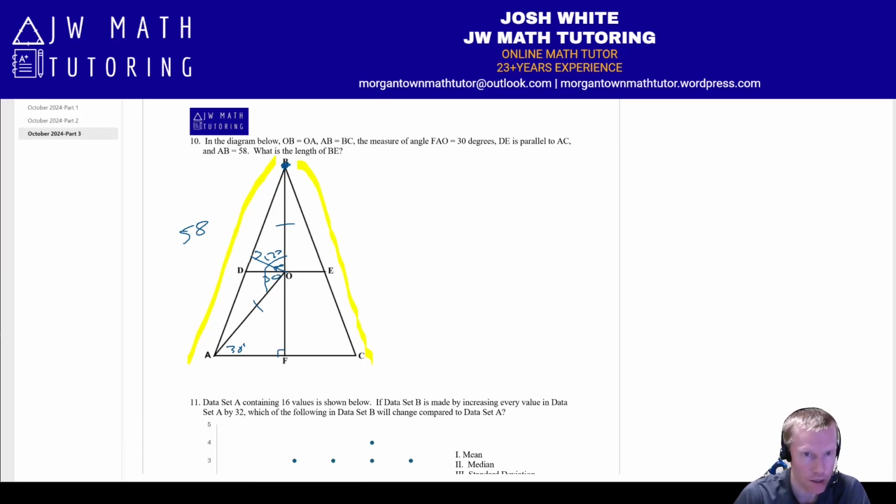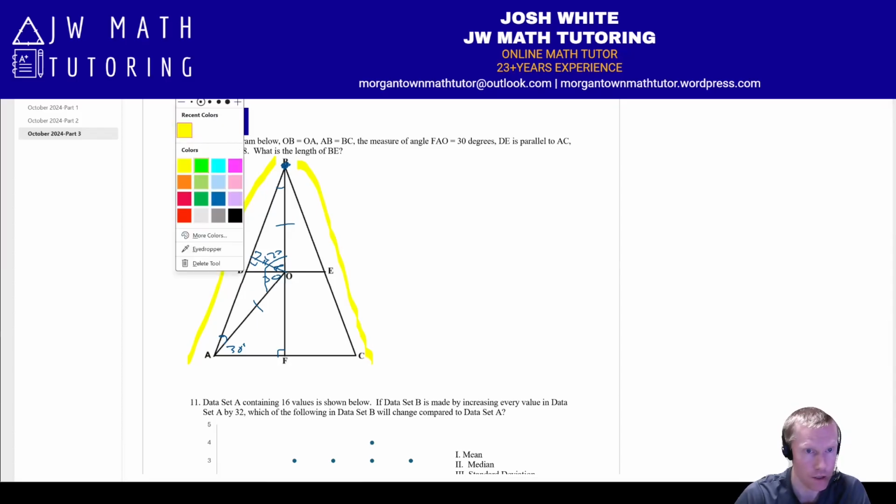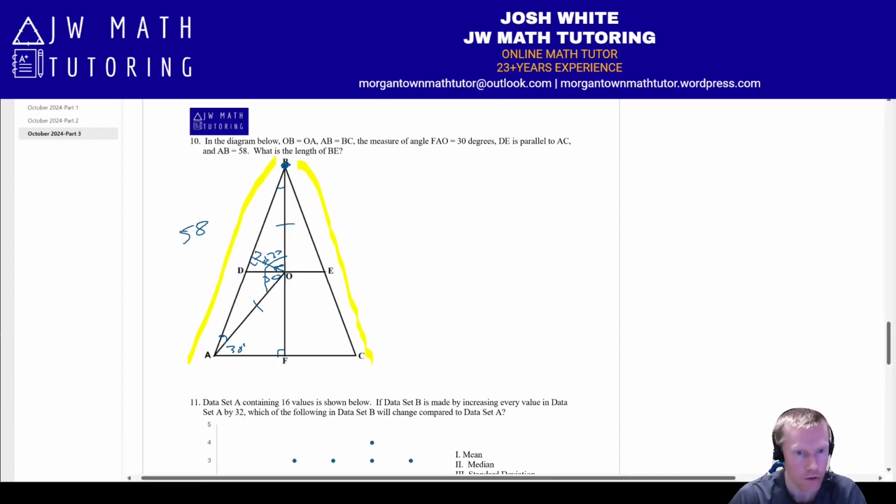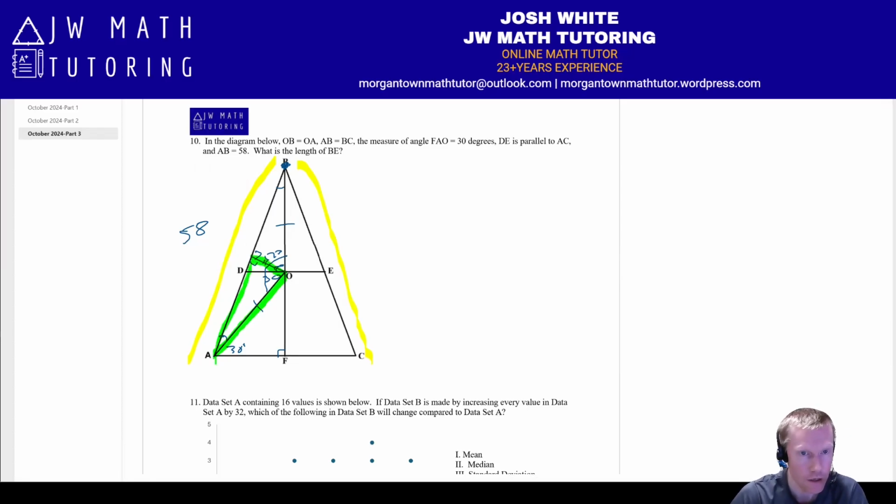And the reason is because you have a pair of angles here, you have a pair of angles here, you have two right angles, and then you have one pair of congruent sides right here that's shared. So AAS. So this triangle here and this triangle here will be congruent to each other.